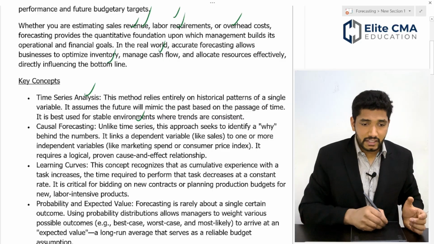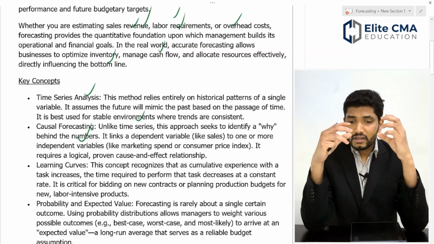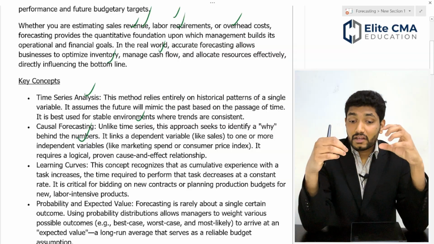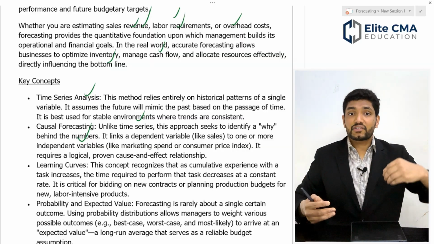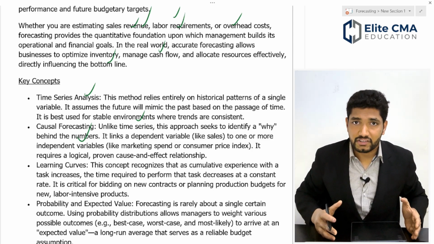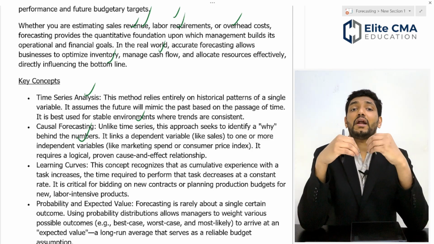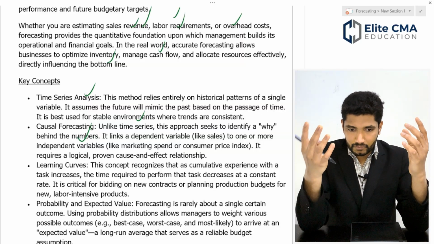Now the second method, that is causal forecasting. The time series analysis predicts the data based on the previous performance or previous data, but in causal forecasting you are trying to understand the data or situation behind the numbers.